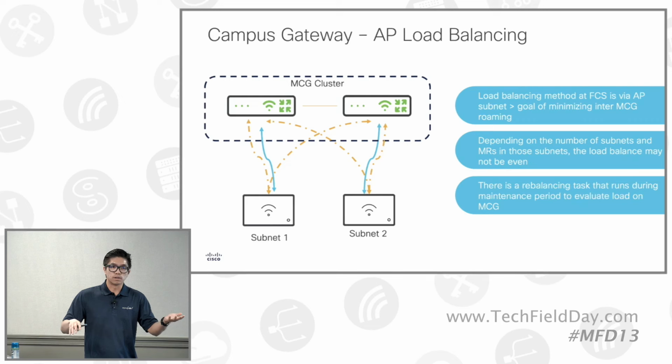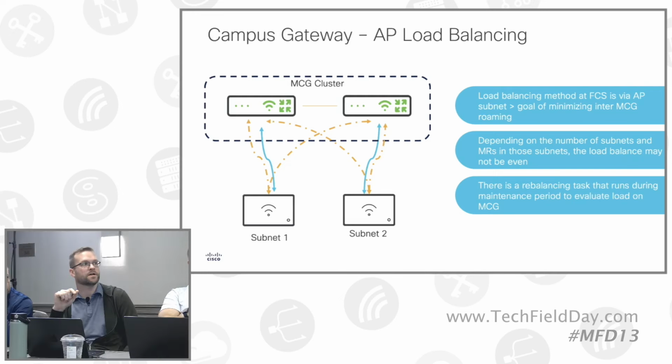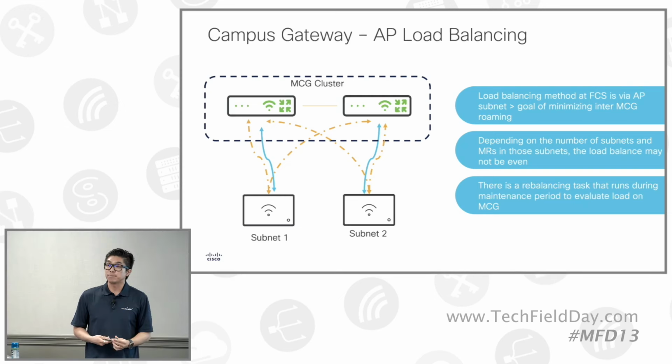At the maintenance window, we will run another rebalancing task, which may move some APs that are in the same subnet to a different MCG, breaking that subnet rule to achieve a more 50-50 balance. But the way it does that is to help minimize the amount of inter-MCG roams. And that doesn't require a reboot, just the maintenance window configured in the Meraki dashboard. Correct. The same thing you use for the firmware upgrades, that same time frame will be used for the rebalancing task.